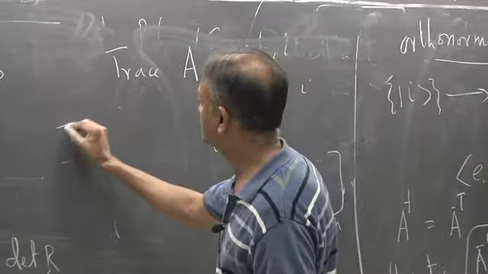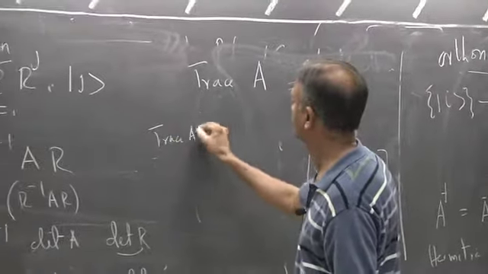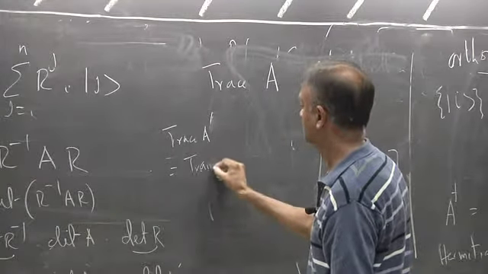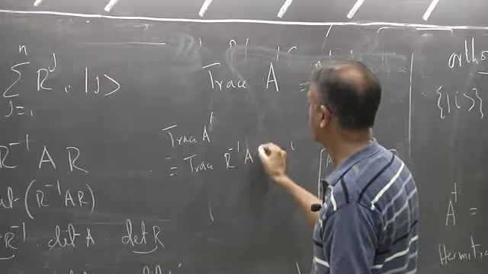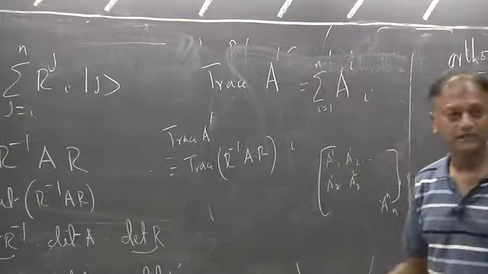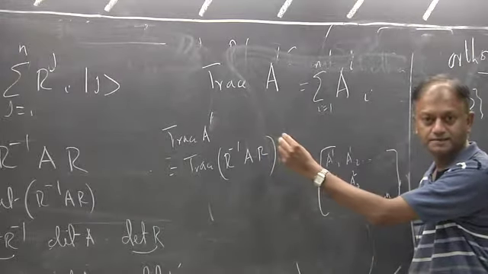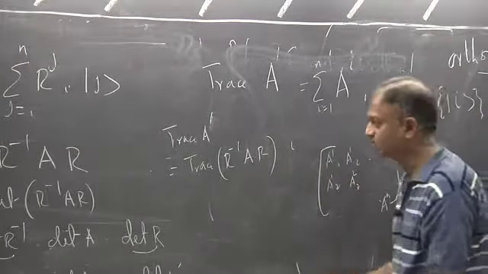Because the trace of A prime is simply equal to the trace of R inverse AR, and I don't know if you're familiar with this: inside the trace, you can cyclically move around the matrices. Okay, let's prove this explicitly.